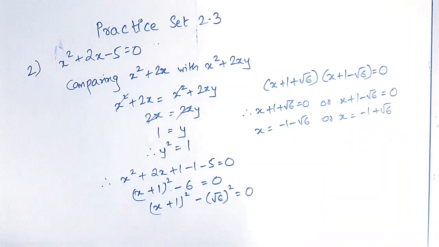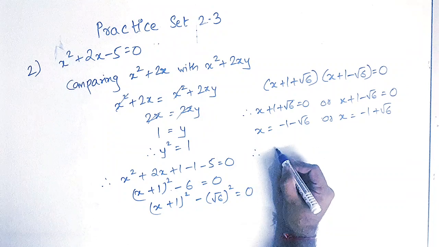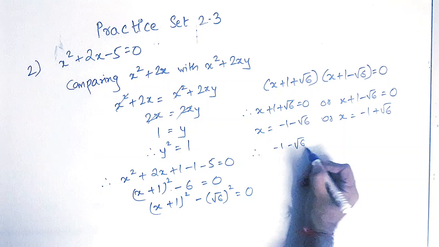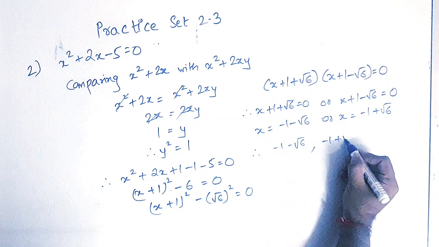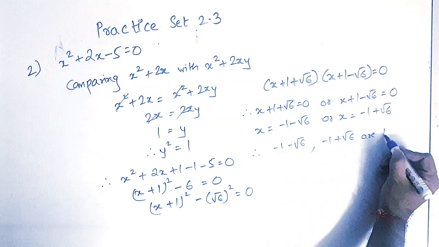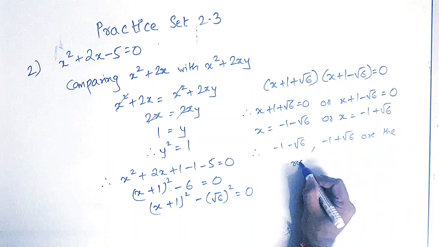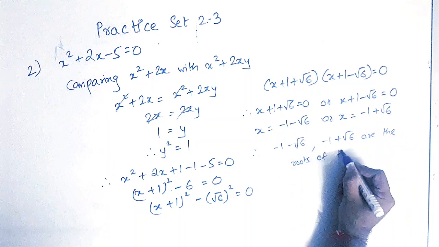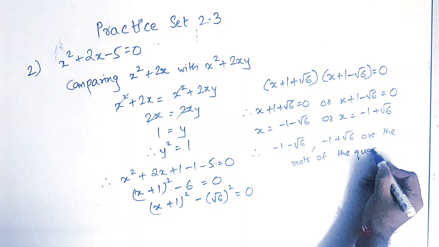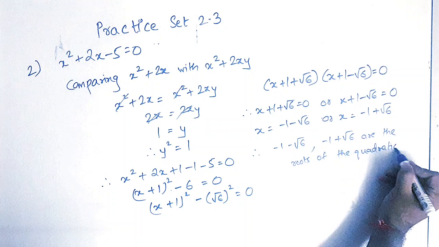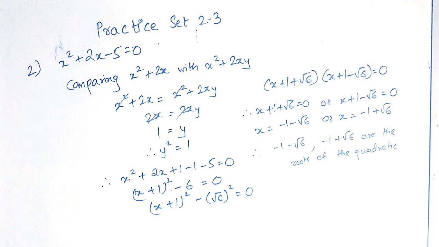So these are the roots. You can write therefore minus 1 minus root 6 comma minus 1 plus root 6 are the roots of the quadratic equation. By which method we have done this? By completing the square method.